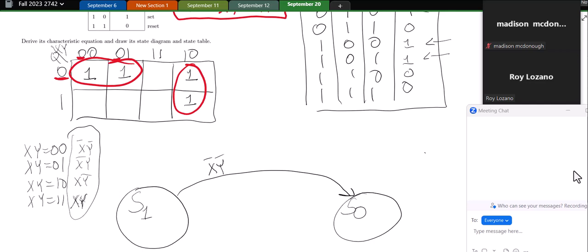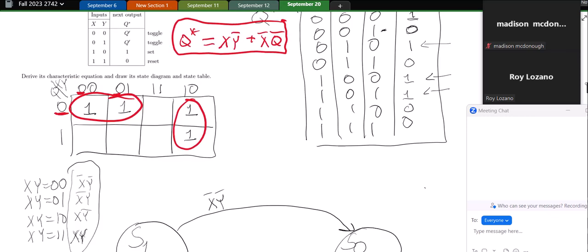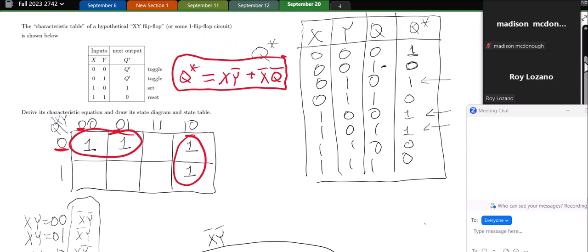Now, if I am in state 1, meaning current Q is 1, and I get 0, 1, x equals 0 and y equals 1, so I am in state 1, so I'm going to circle here in my truth table. This is Q currently equal to 1. So where I circled, those lines right there, these represent being in state 1 because the Q tells you what state you're in.